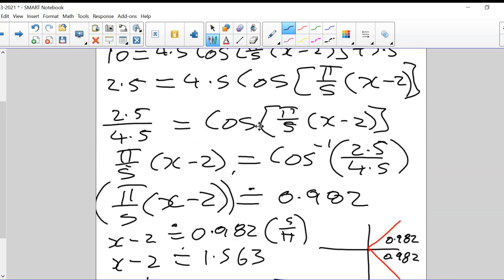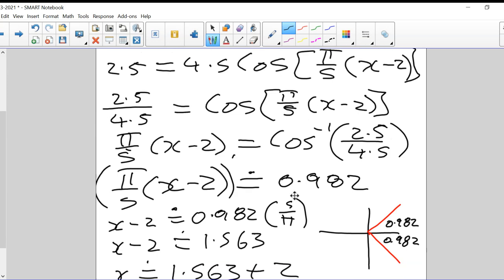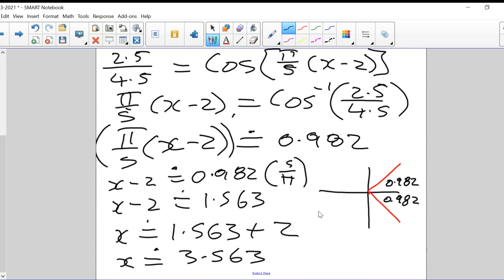When we wanted to get rid of the cosine, we took the thing that cosine was being taken for, which is this thing, and set it equal to cosine to the minus 1 of the other side. That's the way we do it. But the x is still buried inside of this function. We had to multiply by the 5 over pi, and then we had to add the 2 and all that good stuff. So I'm thinking that's not the answer we want.